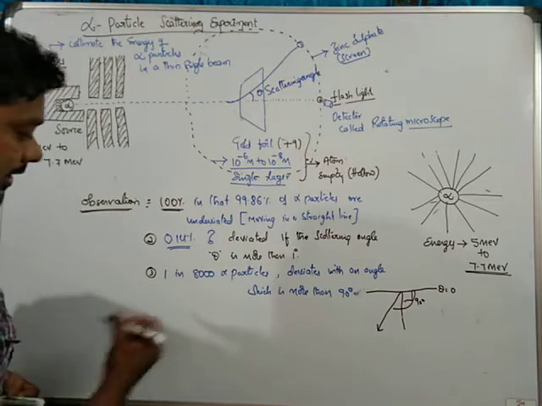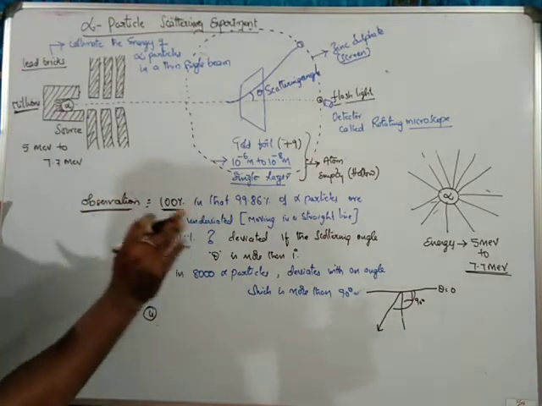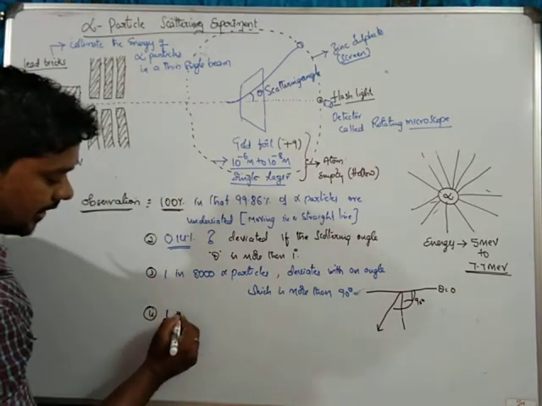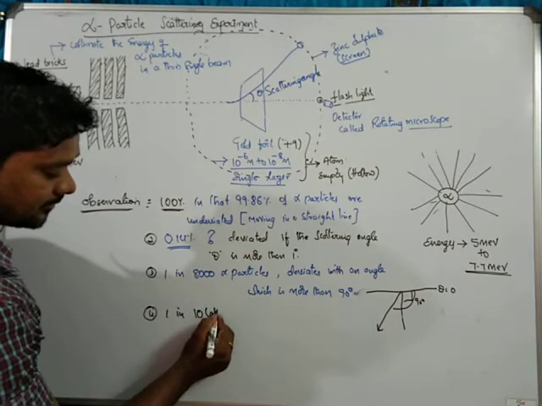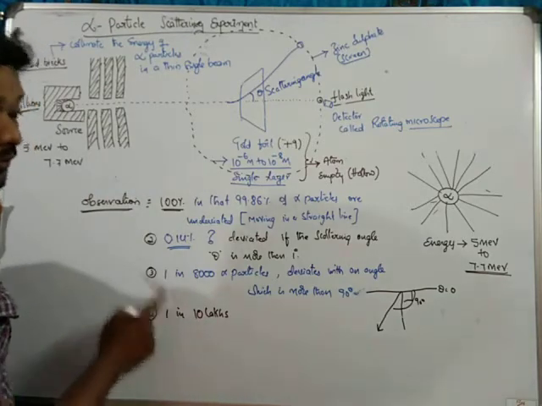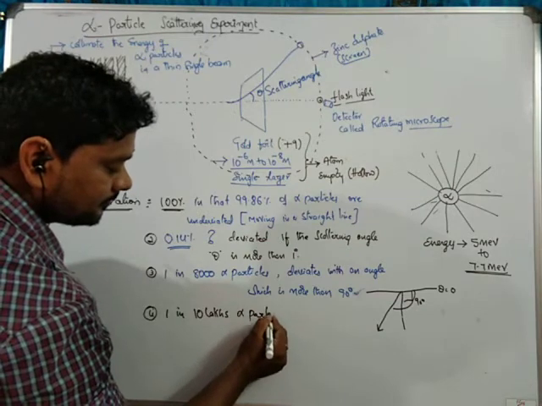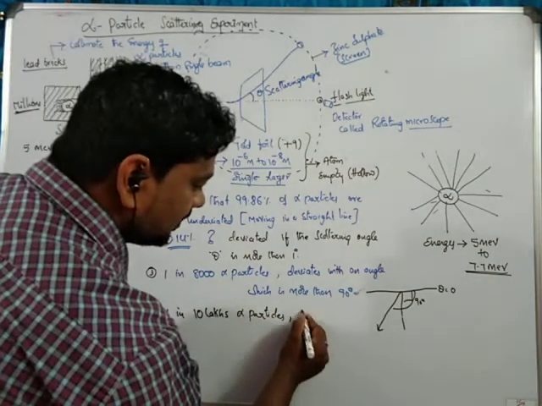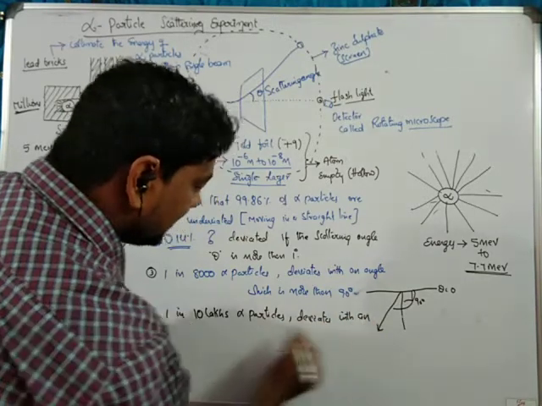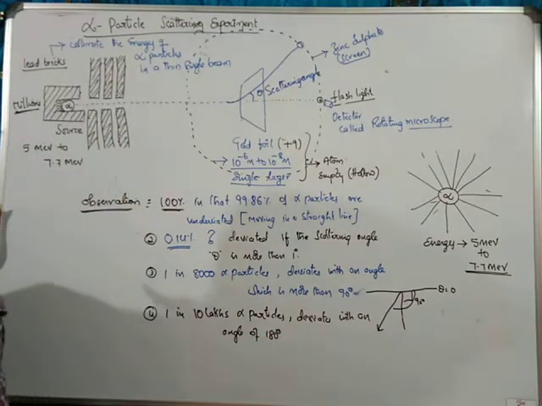And the last point, the fourth point. In the third point we considered every 8,000 alpha particles. In the same way, 1 in 10 lakhs. Again on an average, for every 10 lakhs alpha particles, 1 deviates with an angle of 180 degrees.